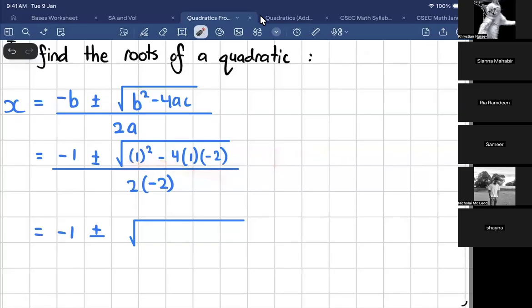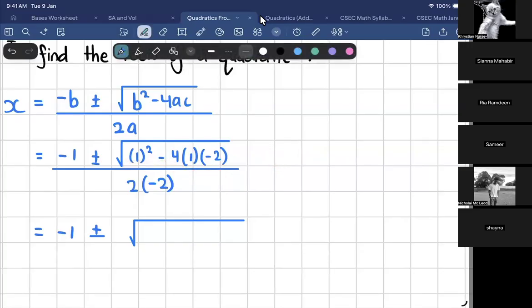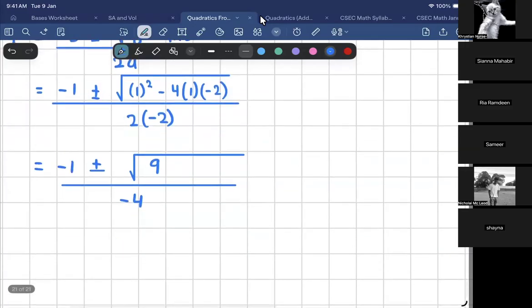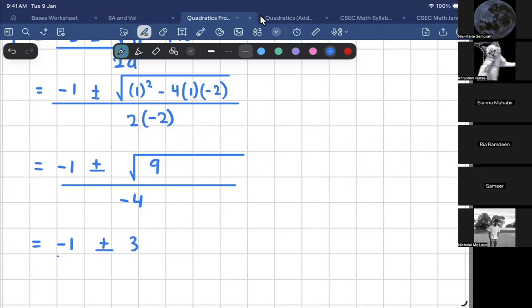So you're going to put 1 plus 8 inside the bracket. 1 plus 8 is 9. So you put the square root of 9 all over 2 by -2, which is -4. What's the square root of 9? 3, all over negative 4.